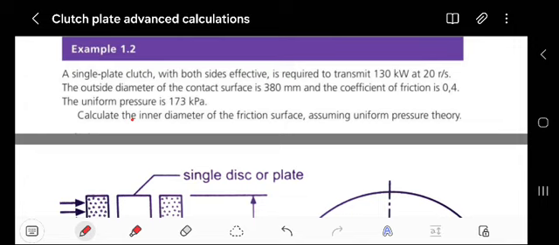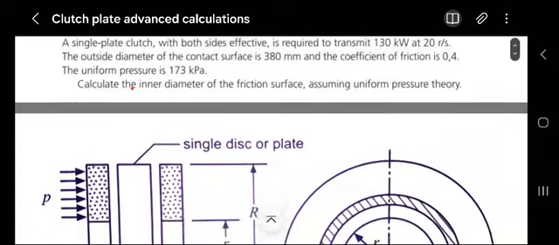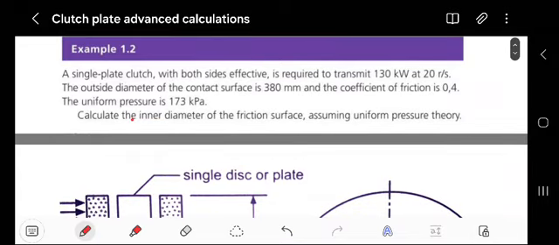So I give example 1.1. The question reads as follows: a single clutch plate with both sides effective.